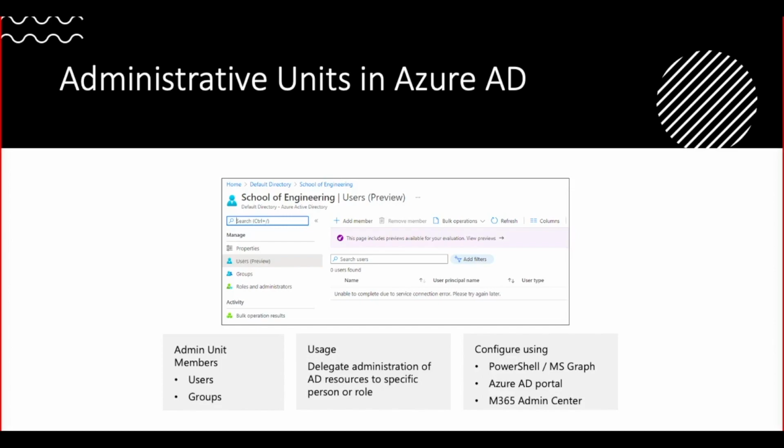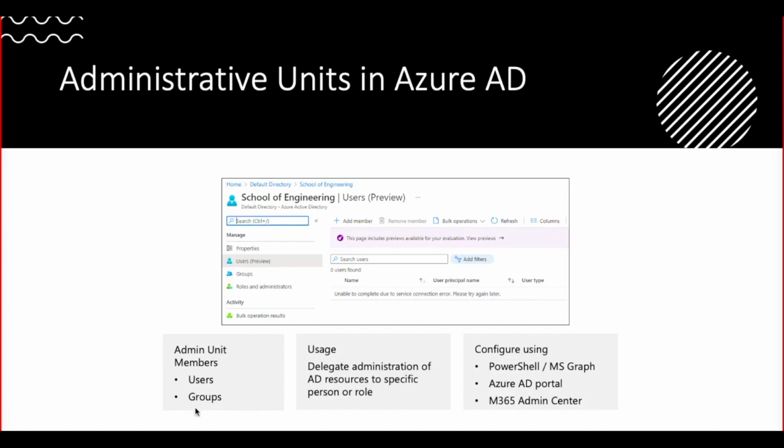We also have the concept of administrative unit in Azure, which is very important. Administrative unit is only for admin related permissions you want to give, and users and groups can be added within the admin group. If you add a group, it does not mean that all the members of the group will inherit the permissions from the administrative point of view.